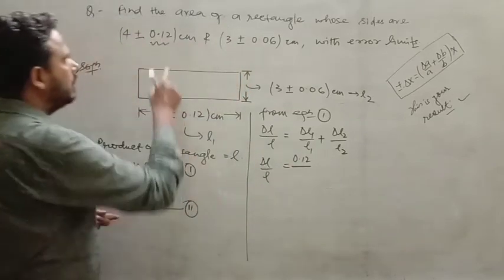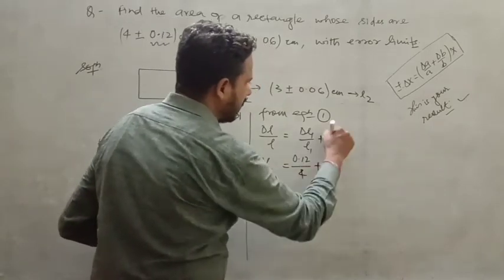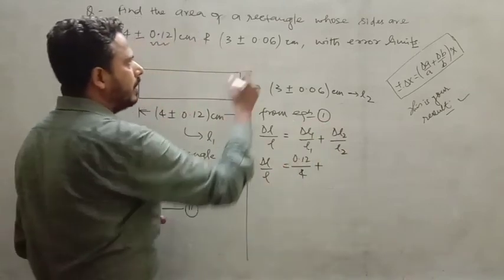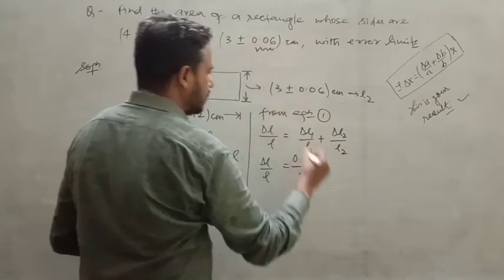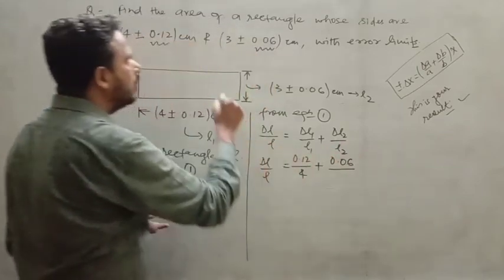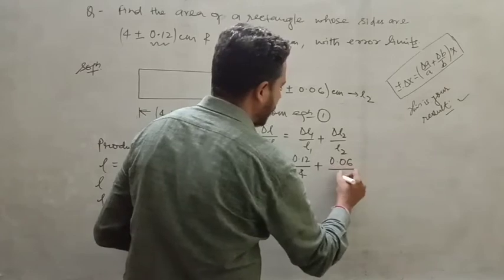Its main measurement is 4, plus delta L2. Delta L2 is the absolute error of the second measurement, so this one is 0.06 centimeter divided by L2, the main measurement. So L2 is 3 centimeter.